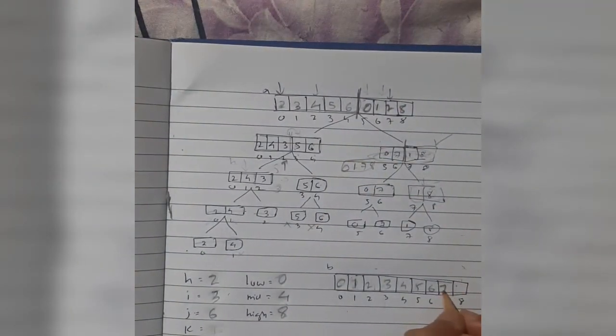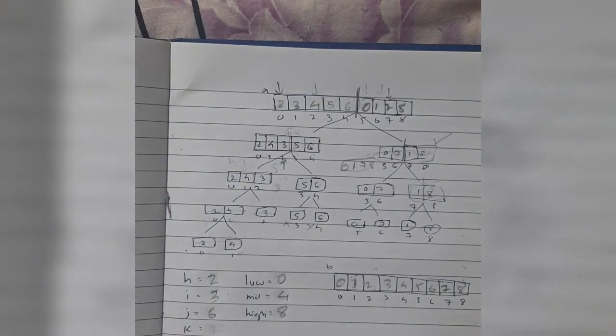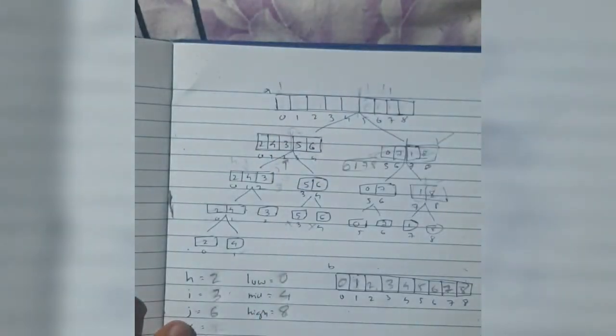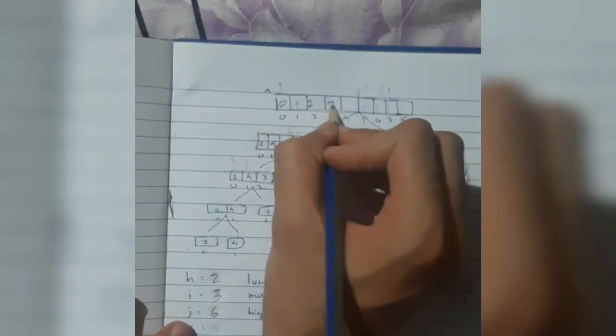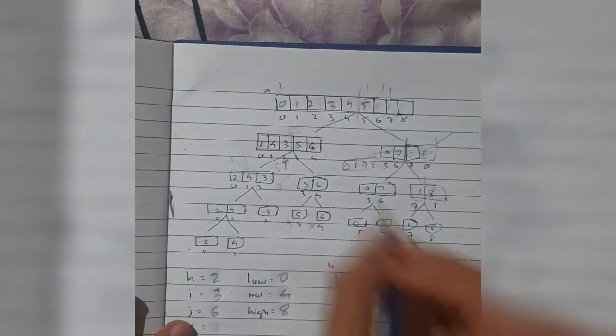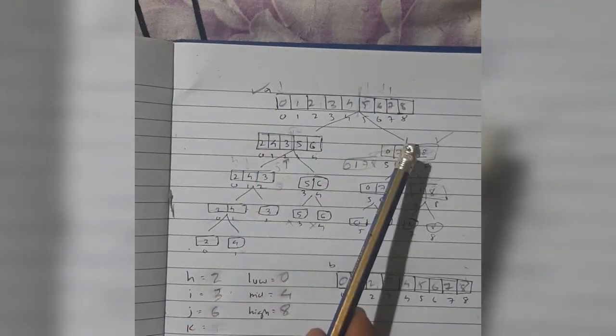Then this array will be copied into the original array. That was the last step. So we'll be writing the array here from B, 0 1 2 3 4 5 6 7 8. See here, it's a sorted array. I tried my best to explain this one, but still I had missed something here.